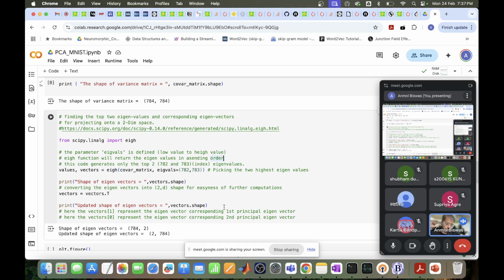It will sort that list in ascending order, which means that at index 0 you'll get the smallest eigenvalue, and at index 783 you'll get the largest eigenvalue. So at 783 you get the largest, then at 782 you'll get the second largest. So we're just picking the two largest eigenvalues because that's what we care about.